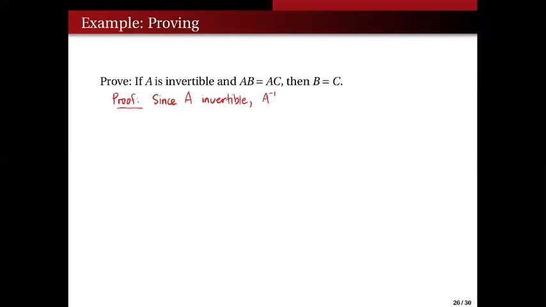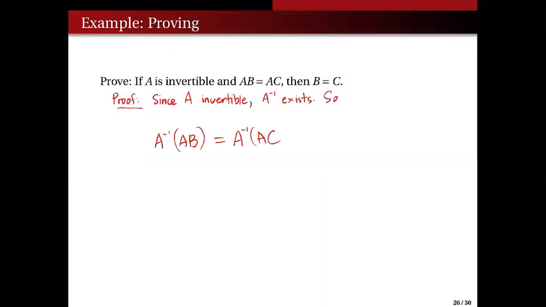What we're going to do is multiply this A inverse on both sides of the equation, since we are given AB equals AC. So we have here A inverse multiplied to AB, and this is the same as A inverse multiplied to AC.